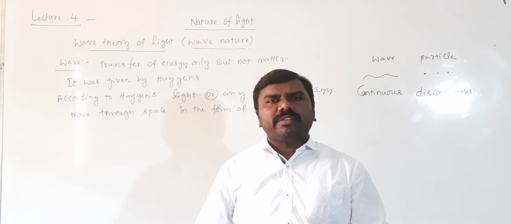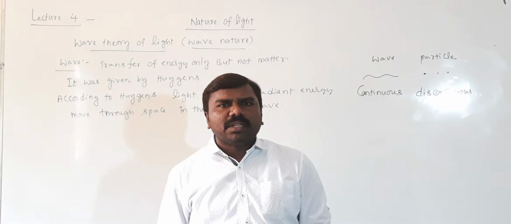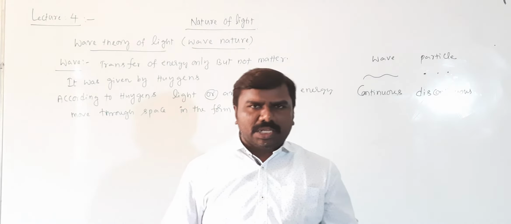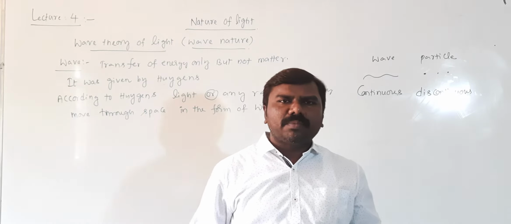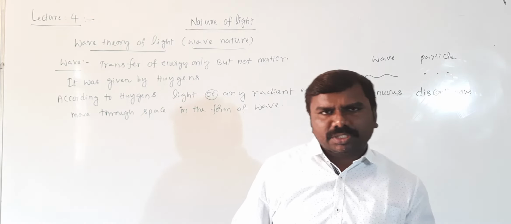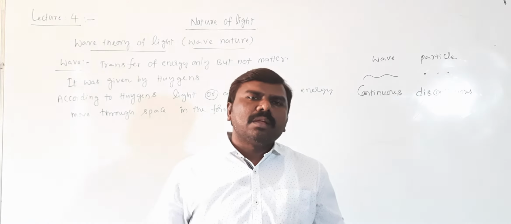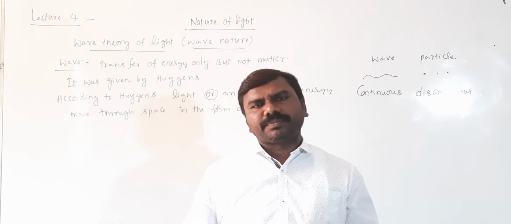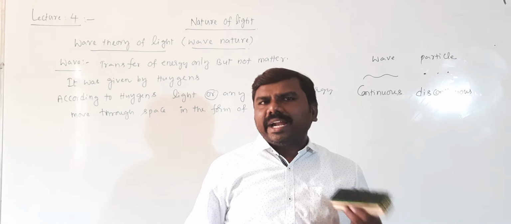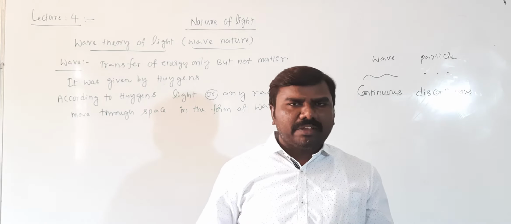This is the nature given by Huygens. Afterwards, Maxwell came. According to Maxwell, any charged particle moving under acceleration, which means a change in velocity, generates alternately an electric field as well as a magnetic field.